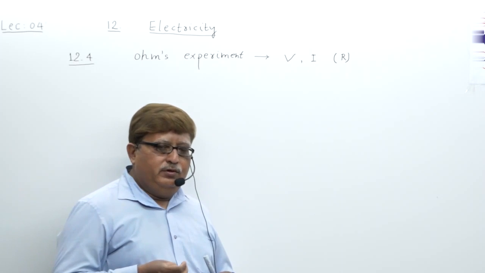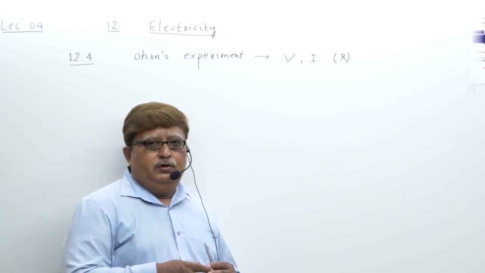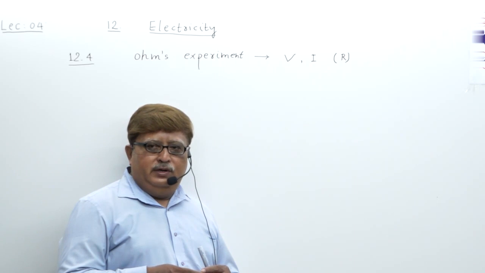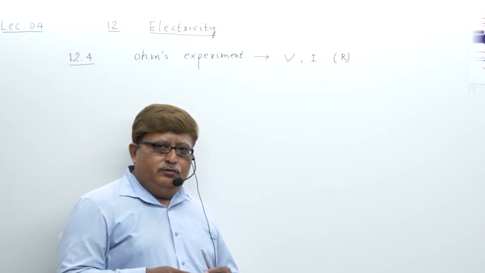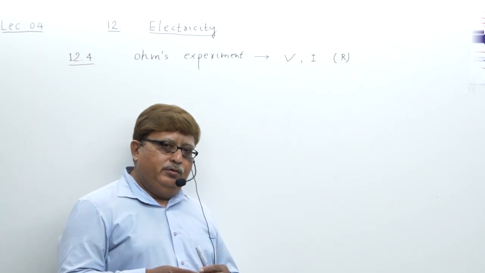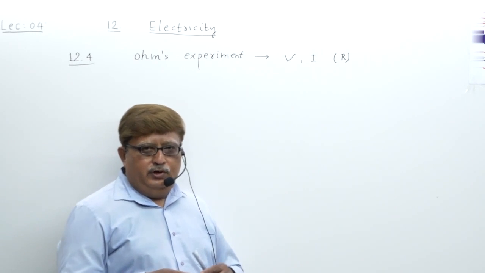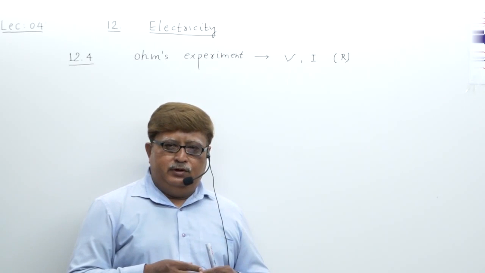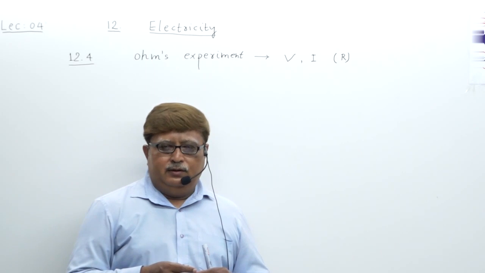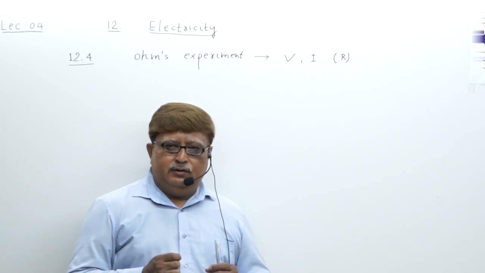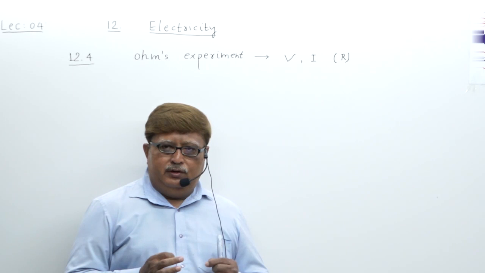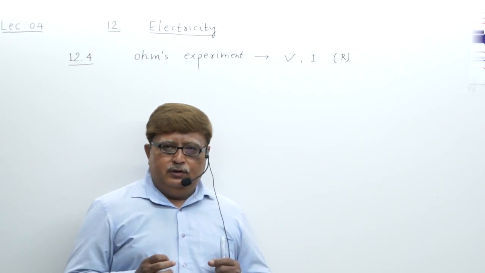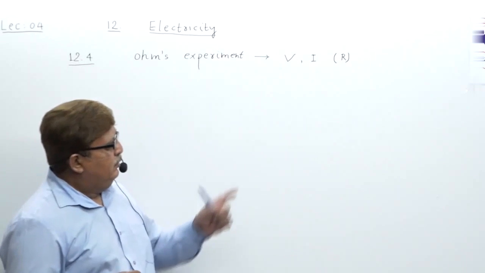Suppose, my dear students, you want to perform this particular experiment in the laboratory, some instruments you require. Because you are establishing the relation between V, I and R, you require a material wire which offers resistance.